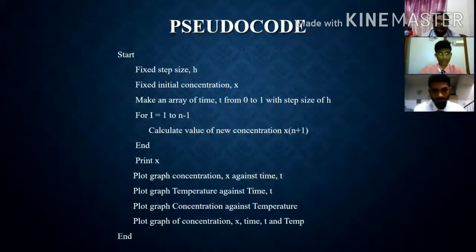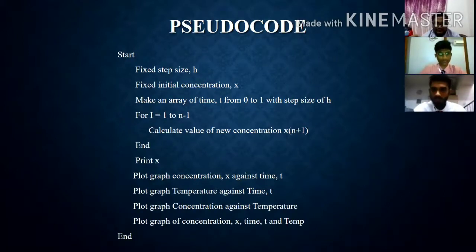Okay, the pseudocode. We start the pseudocode by fixing the step size h equals 0.1 and fixing the initial concentration, and making an array of time from 0 to 1 with the step size of h. Then we use a for loop with i equals 1 to n minus 1. In the for loop, we calculate the value of the new concentration and we end the for loop.